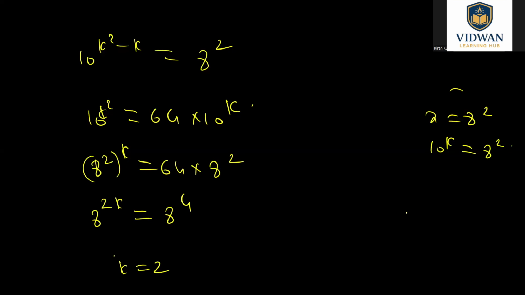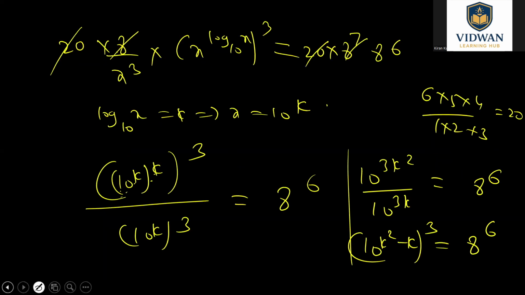Is it going to satisfy? If I put k as 2 here, 10 power 2 square minus 2, so equal to 8 square into one, sir. It's not satisfying. Something is wrong. Let me verify that once again.